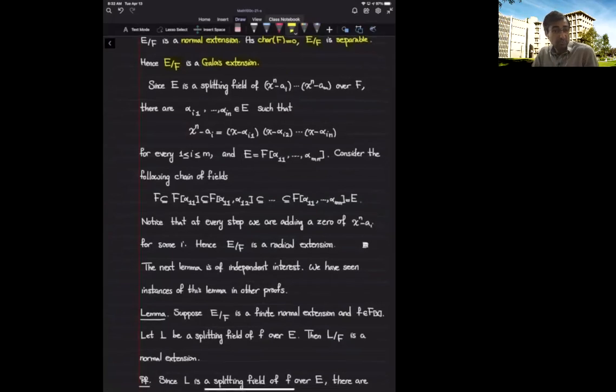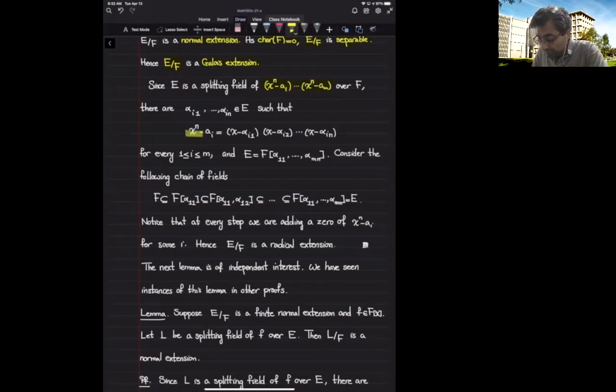For that, I have to go back to see what it means that E is a splitting field. When we say E is a splitting field, it means that I can decompose the given polynomial into linear factors over E, and E is generated by the zeros of this polynomial. So this means I can decompose each one of the factors, in particular this factor, the next one, all of them into linear factors.